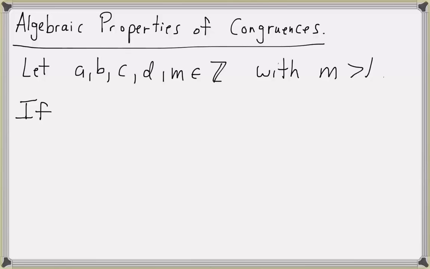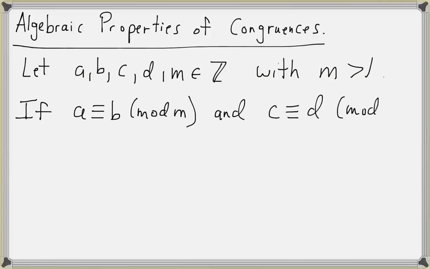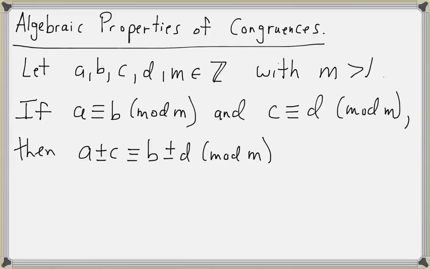Then if A is congruent to B mod M and C is congruent to D mod M, then A plus or minus C is congruent to B plus or minus D mod M, and A times C is congruent to B times D mod M. So after we prove this theorem, this will justify using the usual operations of addition, subtraction, and multiplication with congruences having the same modulus. So let's prove this statement.